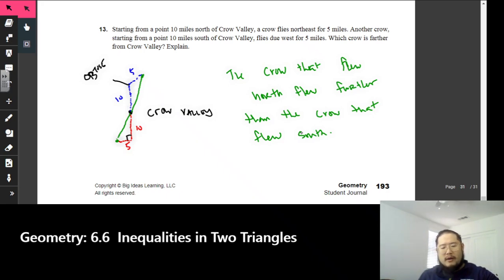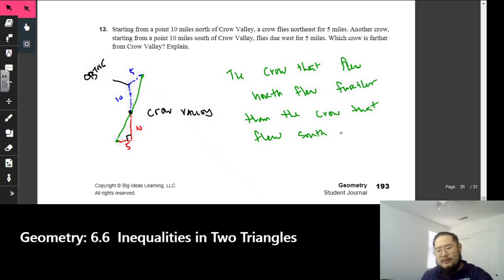And let's think about the reason why. I've got two congruent sides, and then I've got the included angle. So we say the crow that flew north flew further than the crow that flew south. And then let's see, we could say it's the hinge theorem, right?